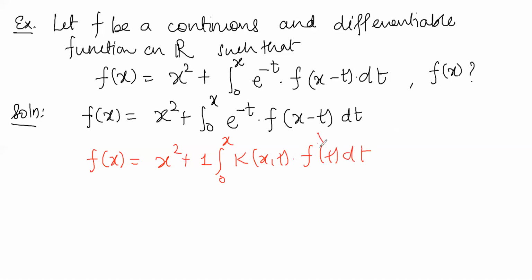It should be a function of t, correct? Here I have f of x minus t. And now let me play a basic game, because this is what you have been doing since childhood.